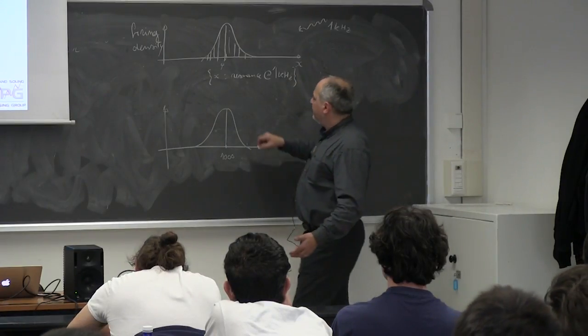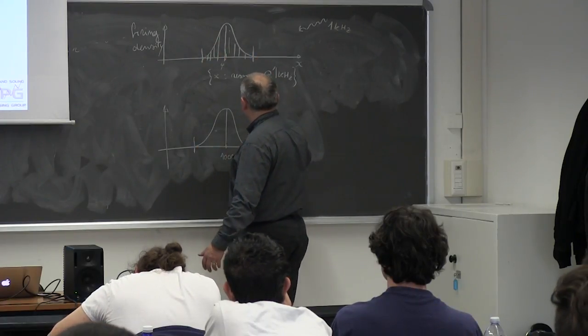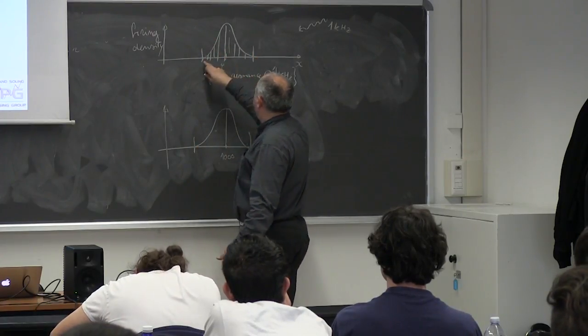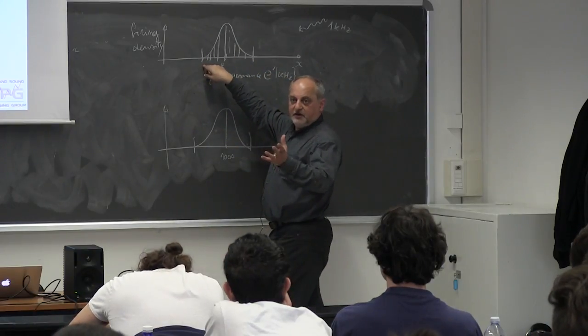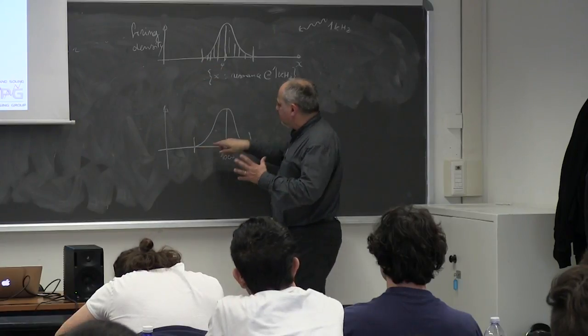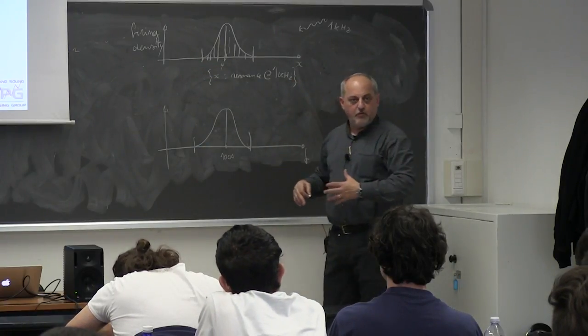But what I'm saying is the width from here to here corresponds to the location, the distance between all the hair cells that correspond to this bandwidth. So there is a one-to-one correspondence between the two.